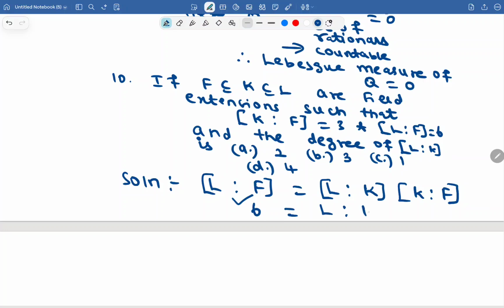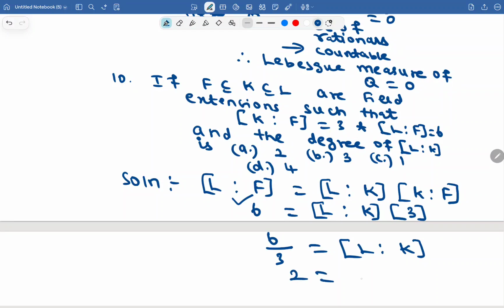We have to find 6 by 3, which is equal to, answer is 2 for this problem. Option A is the correct one.